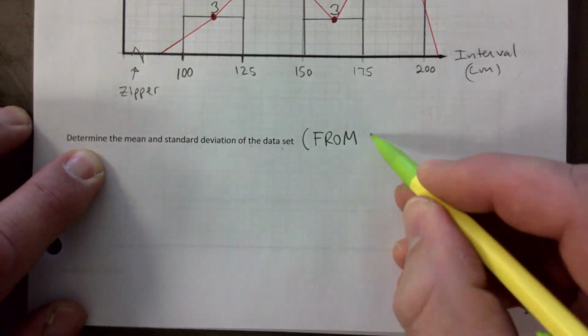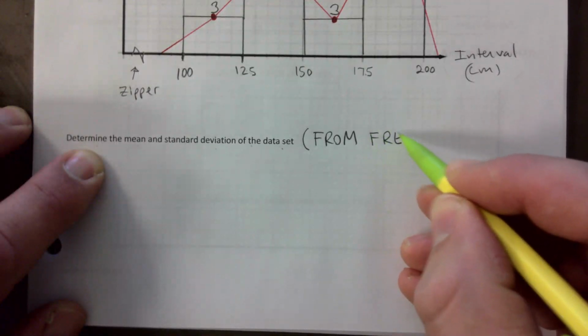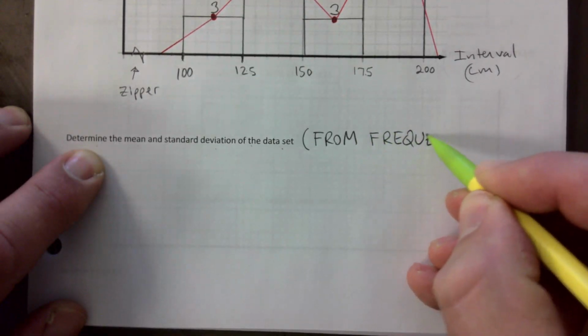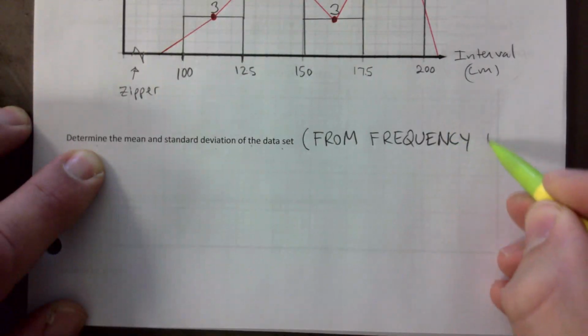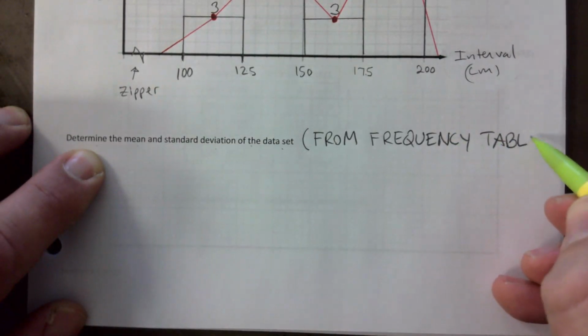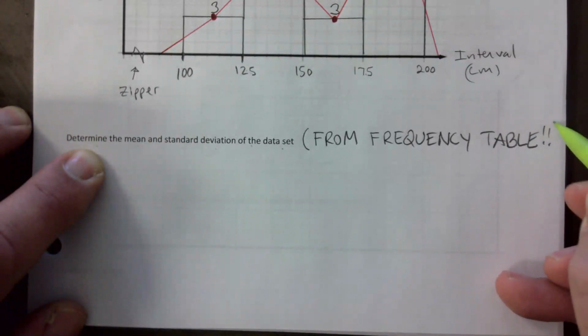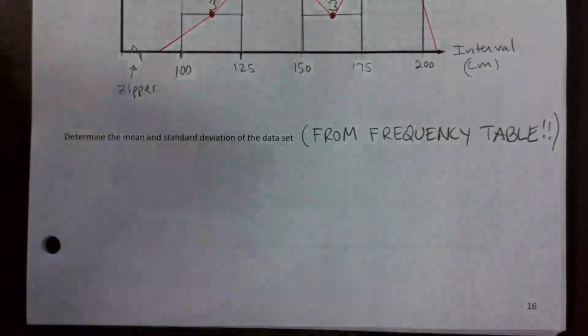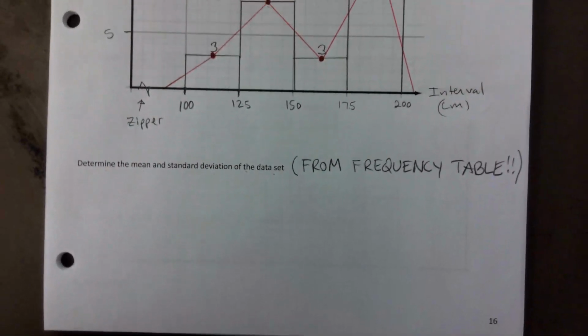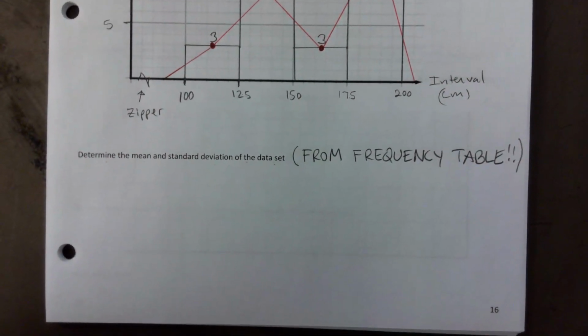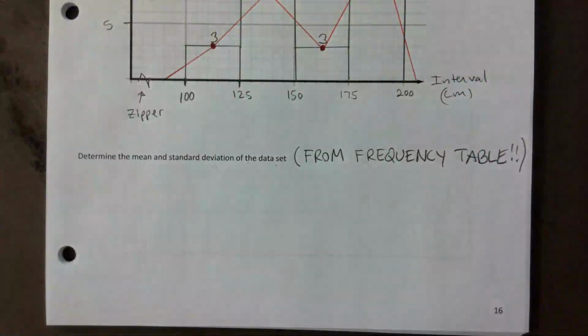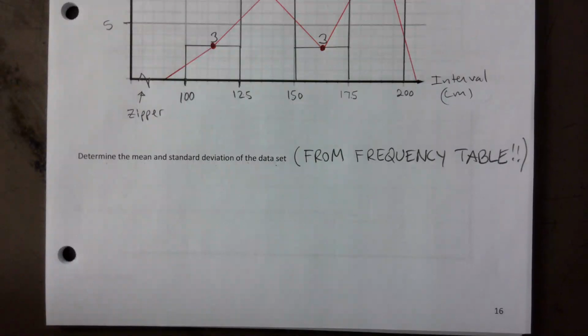From frequency table. Oops, I'm going to zoom out a bit. You do not have data sets, correct, guys? You do not have a bunch of points. But we know there's 26 in here, right? So how would you do that?